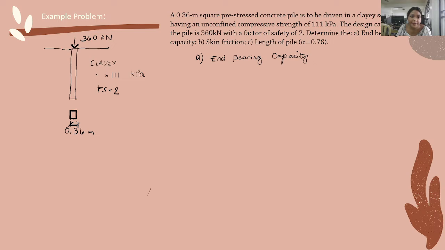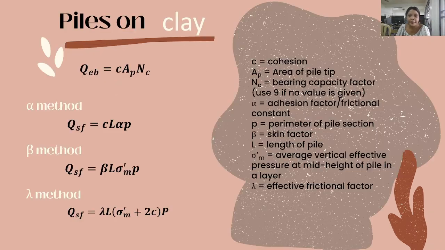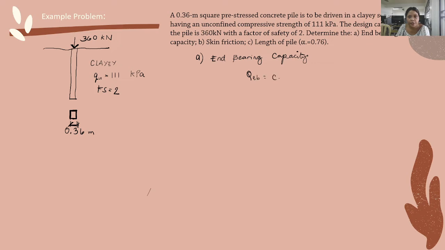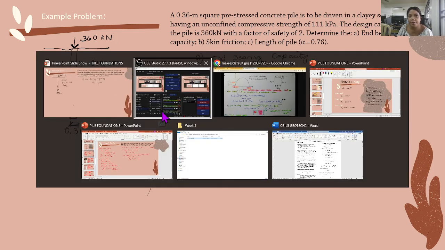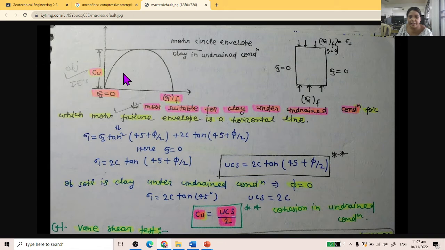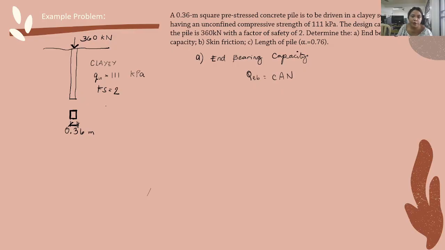Let us denote 111 kPa as Qu. We know that the formula for the end bearing capacity is Q_EB equal to C times N_C times A_P. How do we find C, the cohesion? If we go back to our previous lessons on unconfined compressive strength and the Mohr circle, we get C, or cohesion, as the unconfined compressive strength divided by 2, because the unconfined compressive strength is twice the cohesion. So, to get Cu, we divide Qu over 2.